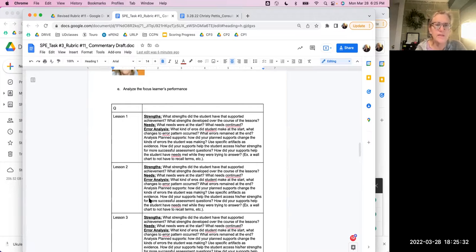Another way to look at this in a little bit more detail is to, again, go to each lesson and look at the objectives, and then ask what strengths did the student have that supported their achievement in lesson 1, and what strengths developed over the course of lesson 1, for instance, that they didn't have to start.